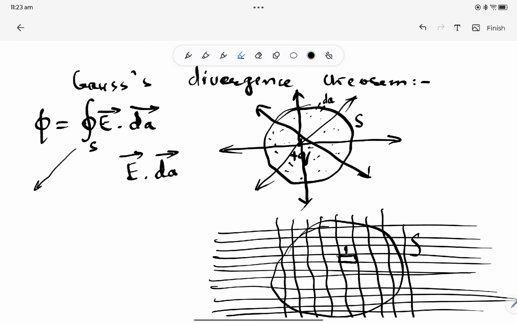While calculating flux through this cube, through all the cubes, particularly cubes adjacent to it, let us take this cube number 2 then. After 1, we will take cube number 2. After 2, we will take cube number 3.